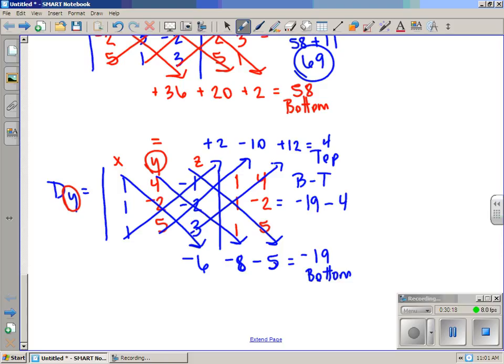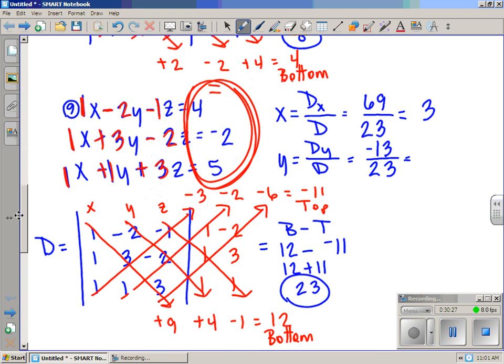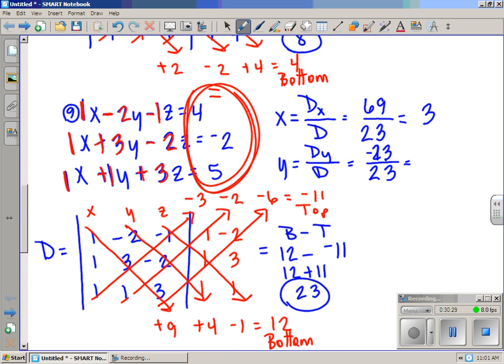Negative 19 minus 4 is negative 23. So the determinant of y is actually negative 23, not 13. Negative 23 divided by 23 would be negative 1. That only leaves z left.